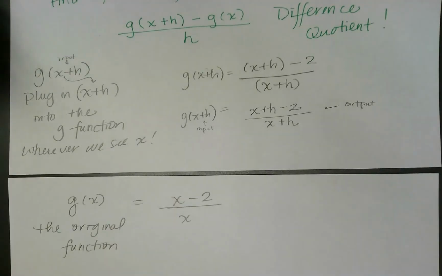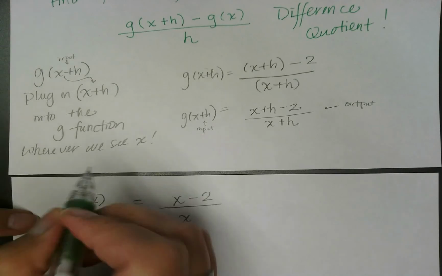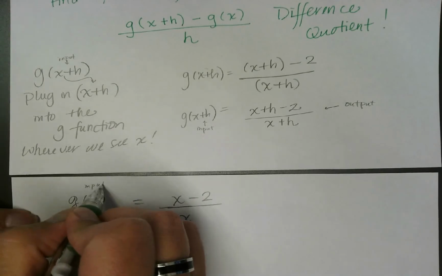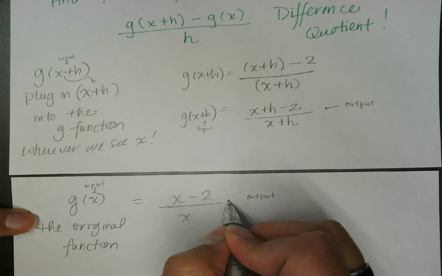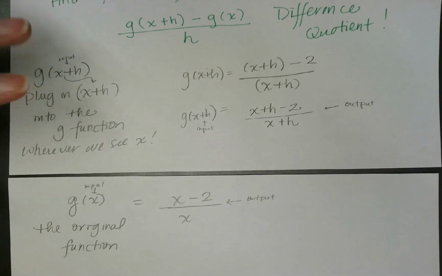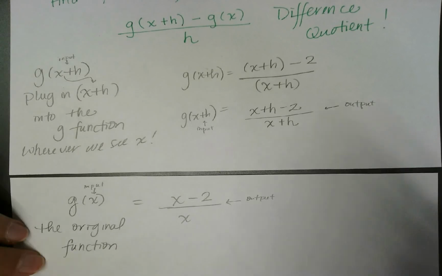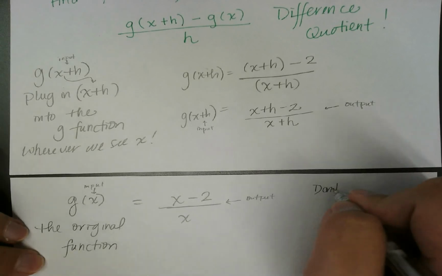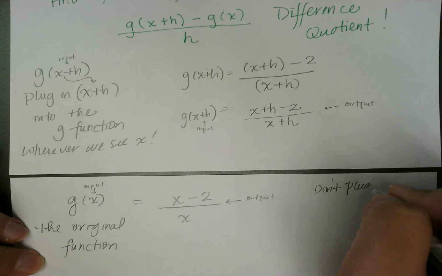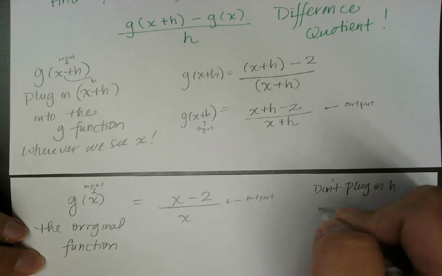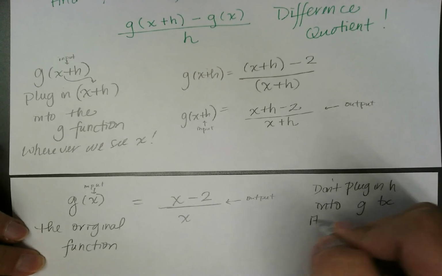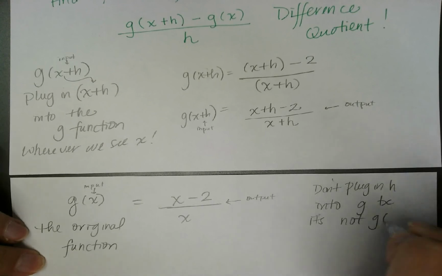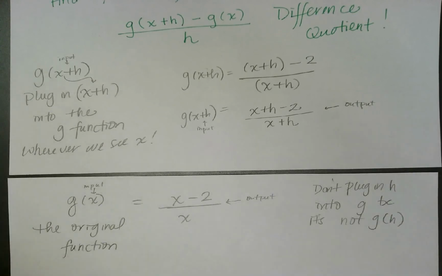That's my second input and output pair. And then h. Do we plug in h? Nope. Don't plug in h into g, because it's not g of h. This is just a plain old h.